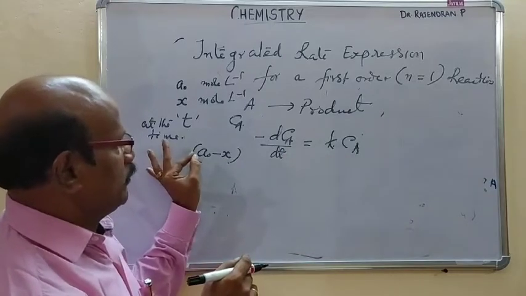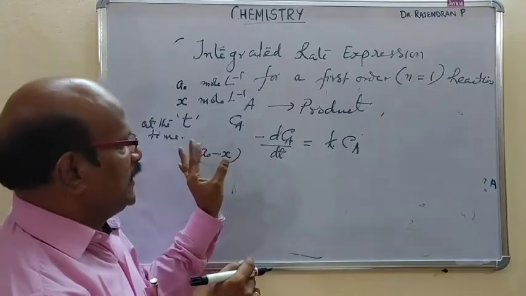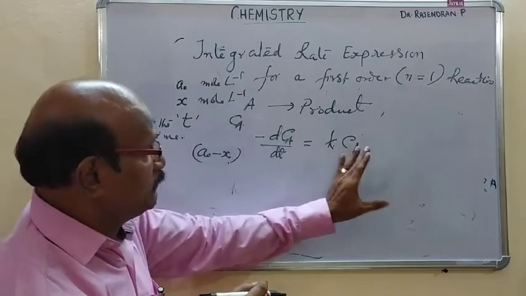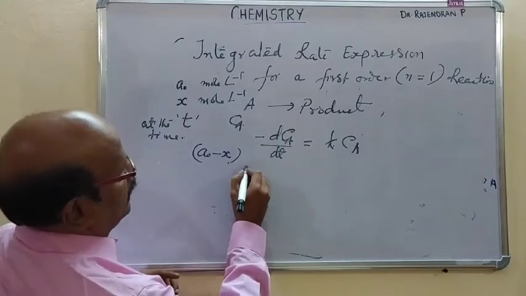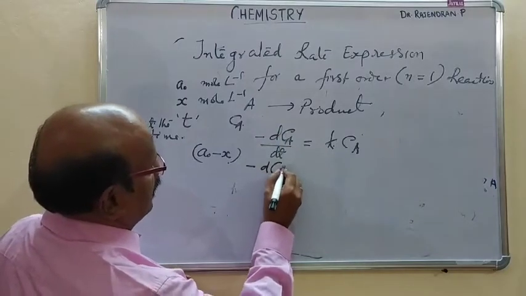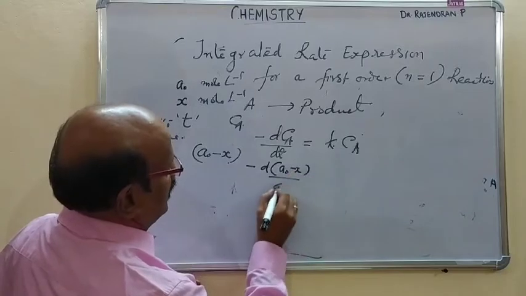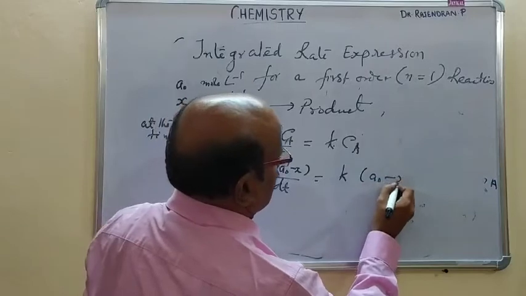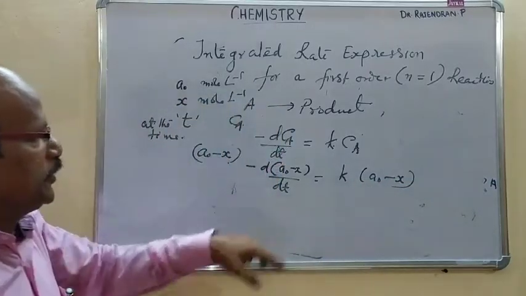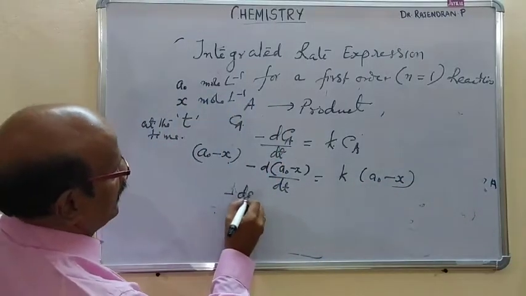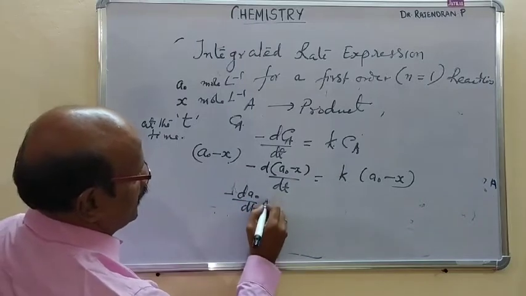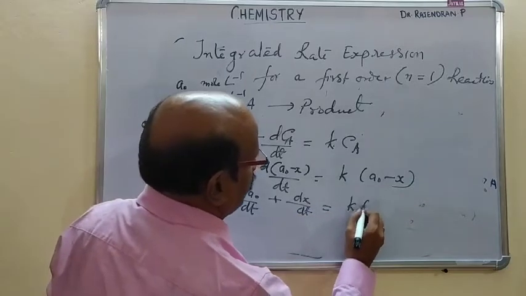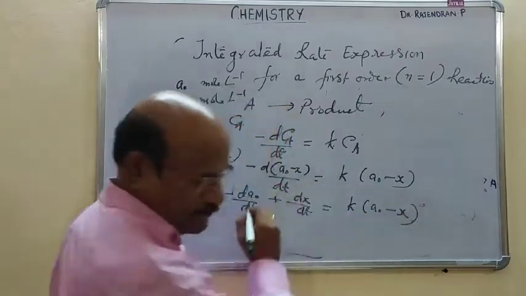Suppose A0 minus X is the concentration of the reactant at any time T. Then we can write minus d of A0 minus X by dt is equal to K into A0 minus X. Opening this equation, we have minus dA0 by dt plus dx by dt is equal to K into A0 minus X.